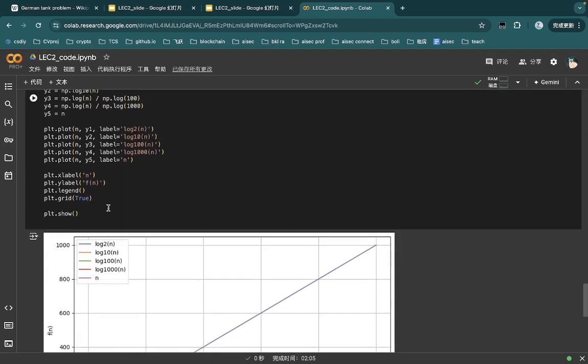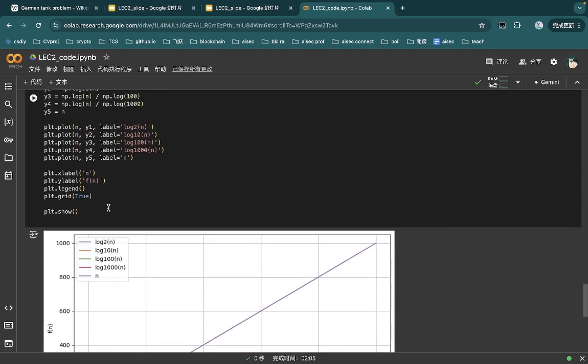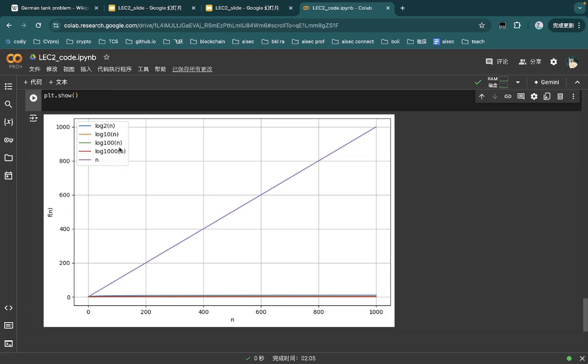And lastly, I'm showing you why no matter what the base is for the log, they are almost the same, because I'm showing you 4 log lines here, and you see they are almost the same, but n is far larger than all of them, and they seem really near to each other in the long run.